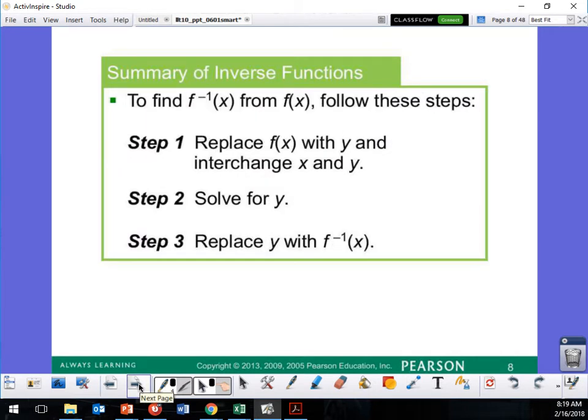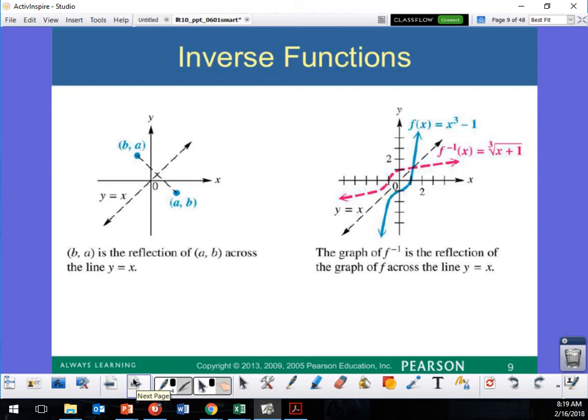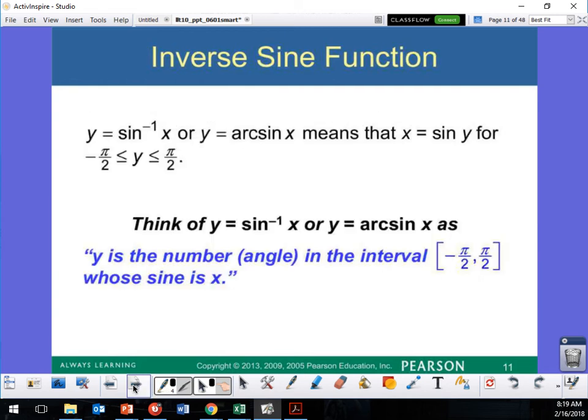Alright, replacing, solving, here's the inverse. You guys have all these in your notes, so I'm not going to go through that too much. Now, for sine or arcsine, your interval is important. This is going to be the key thing that you're going to do. Sine has an interval from -π/2 to +π/2.